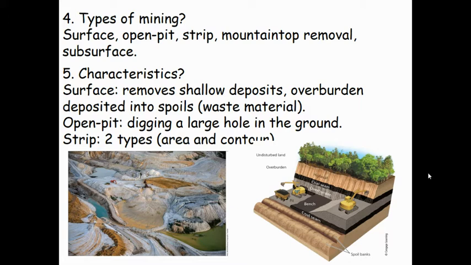Contour strip mining is mostly coal and other resources that are in hilly or mountainous terrain. Mountaintop removal is when you use explosives to blow up, like I said, the mountains.